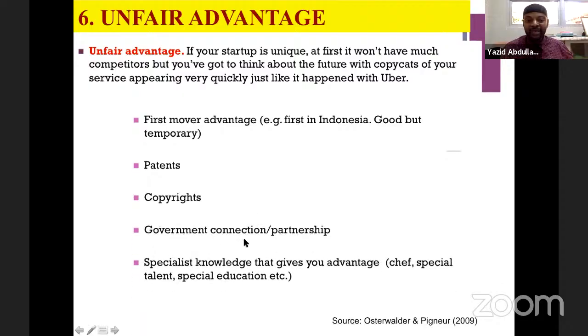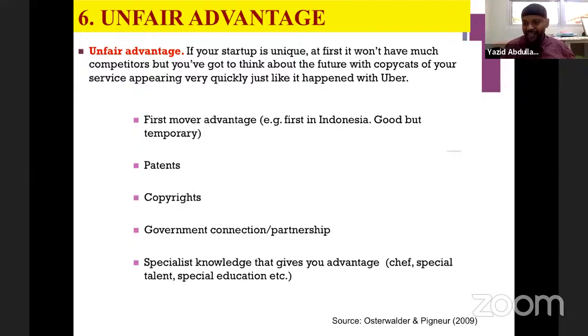Another way is maybe you're someone that has some strong business partners that are very, very difficult to get. Or you have some government connection, you happen to win a big government contract, that can give you advantage also. Or maybe you're a specialist chef. You know how to cook and you have this specialist knowledge about making certain types of recipes.